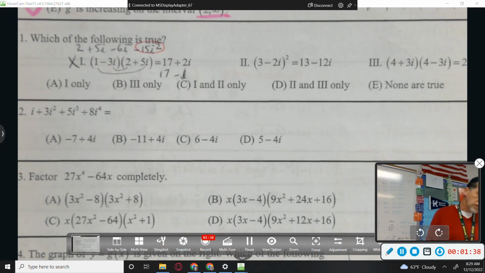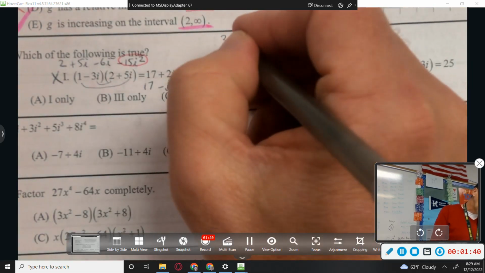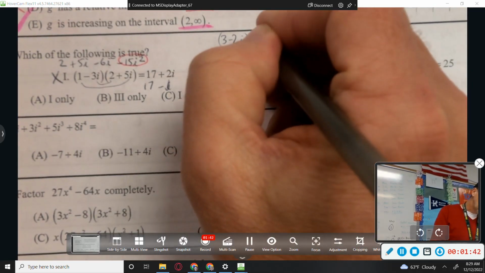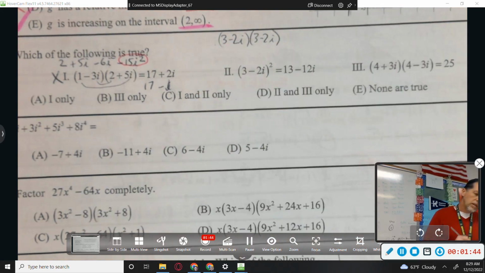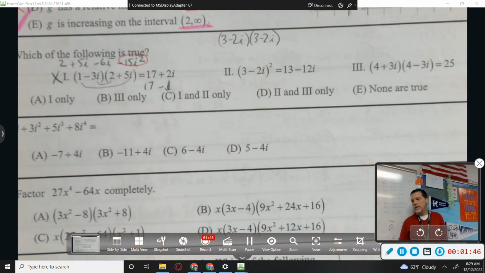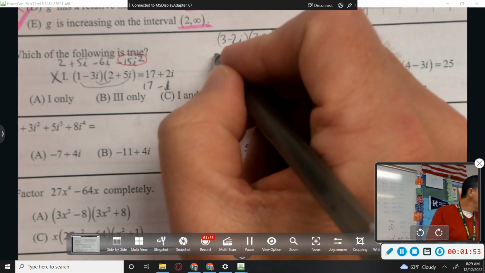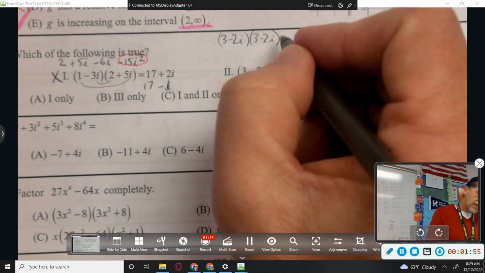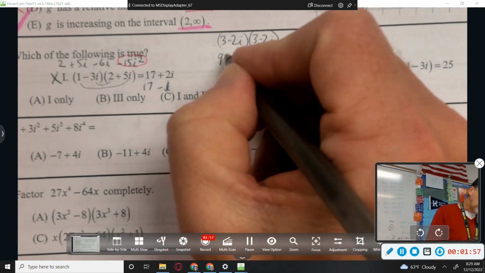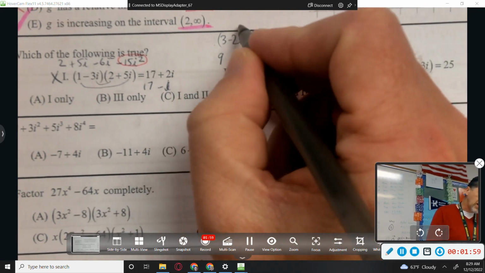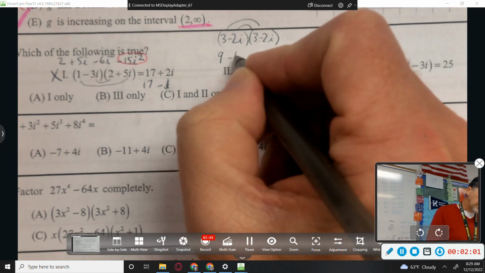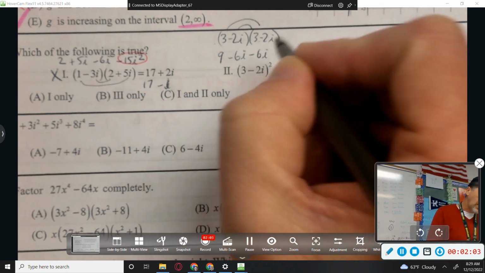Statement number 2. 3 minus 2i squared. So 3 minus 2i times 3 minus 2i. First, outside, inside, last. So 9 minus 6i minus 6i.